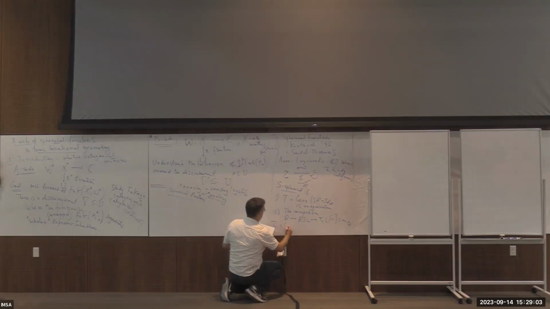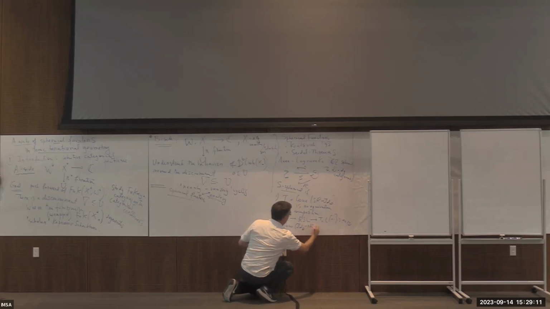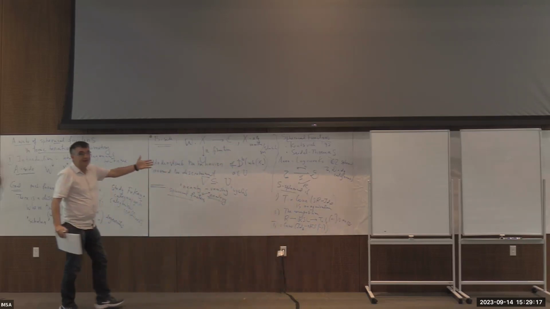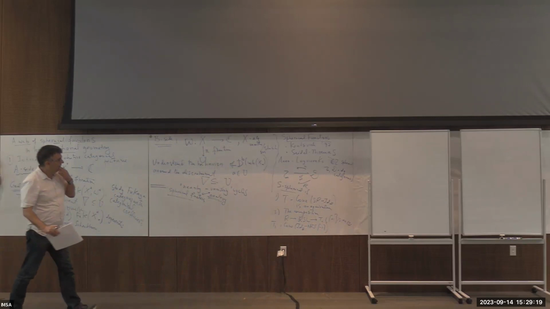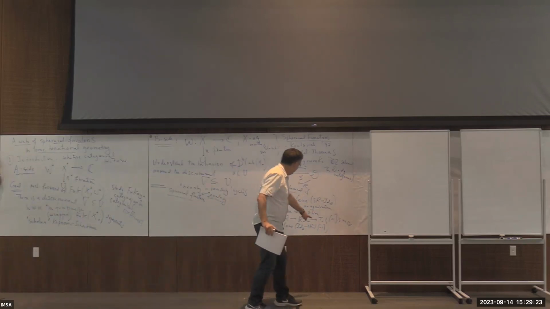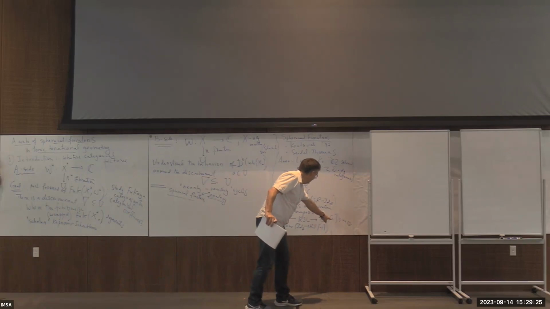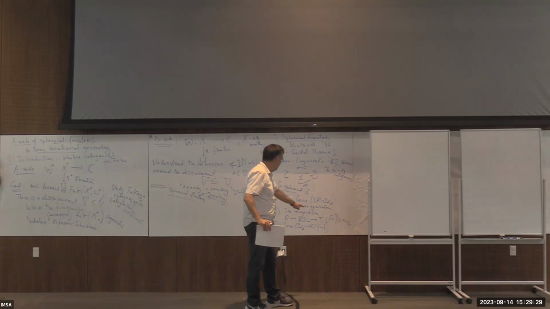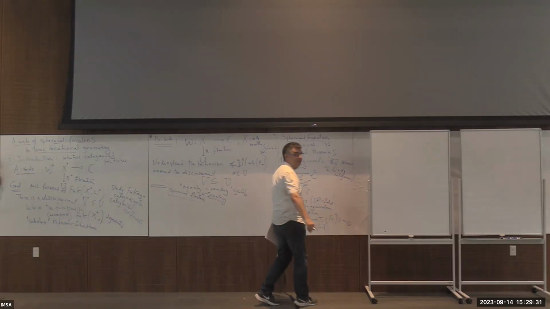T1 is the cone, the analog of T for the other adjunction. This is the bracket, this is the cone, and plus 1 is the shift by 1, so T1 L shifted by 1.